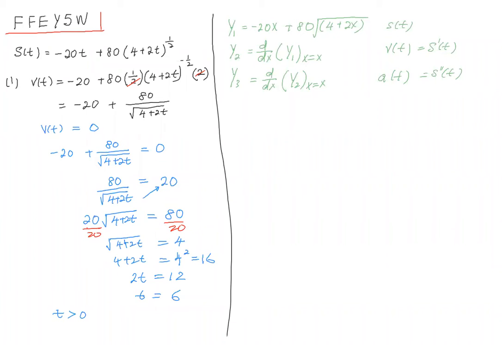It's already there, but I want to draw the sign diagram of v(t). You are not worried. I'm very worried for you, for your SAT too. I want to draw the sign diagram of v(t). What should I do next, after I know that when t equals 6, v(t) equals 0, and there is no vertical asymptote?